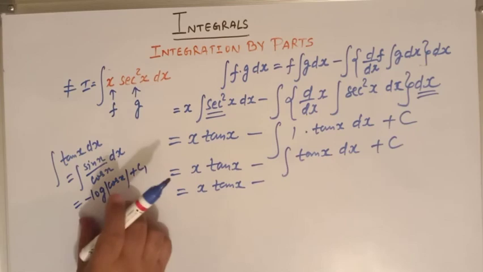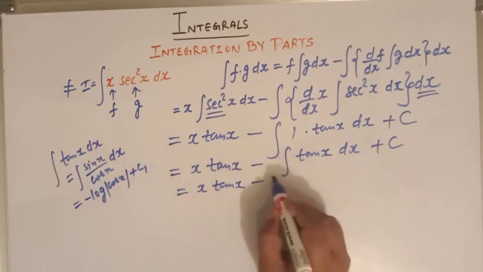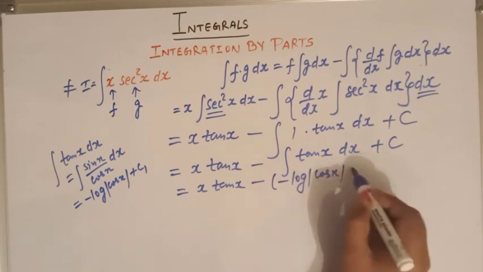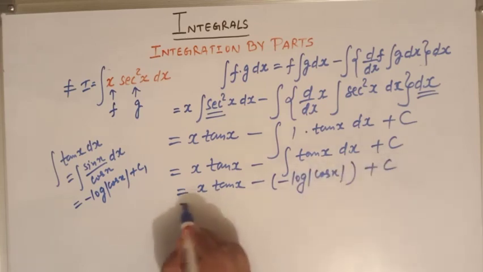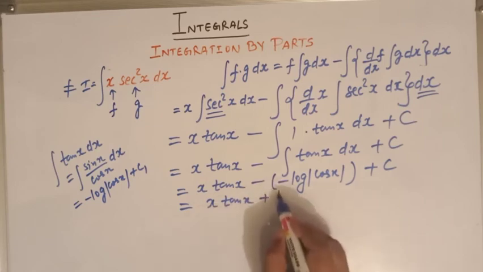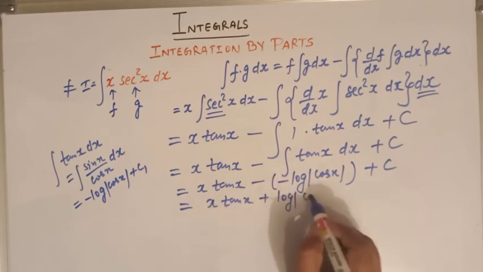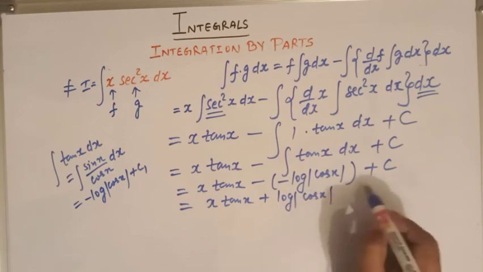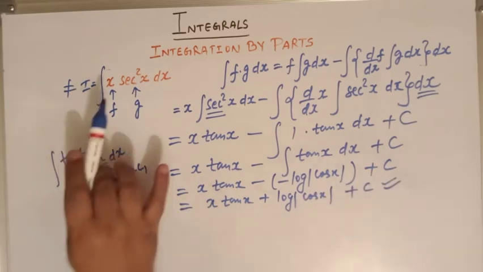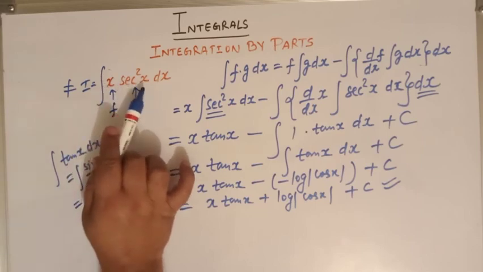So we substitute it here. So we have minus of log of cos x plus c. So this is x tan x minus minus, which is plus, log of cos x plus c. So this is the integral of x sec square x. Clear?